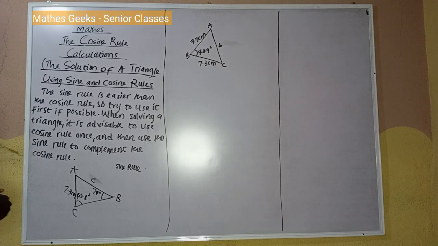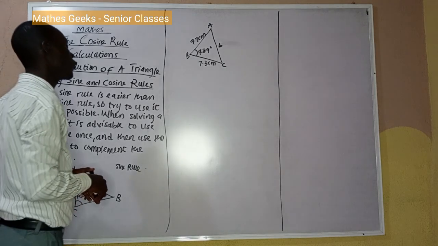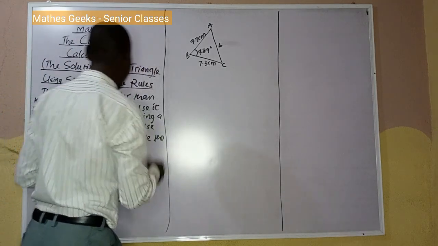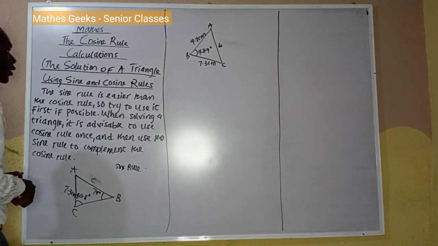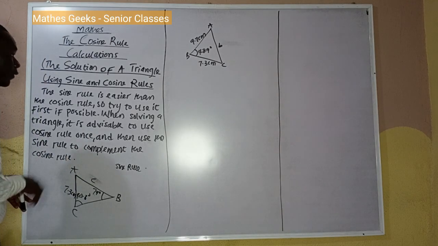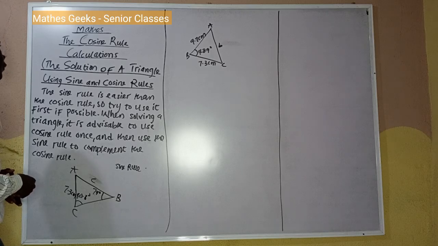So there are questions on triangles that warrant that we use both the sine and cosine rules. However, there are rules that must guide us on which of them we should use first, and these are the rules that I just explained. First, try to figure out if you can use the sine rule first by looking at the diagram or the triangle.